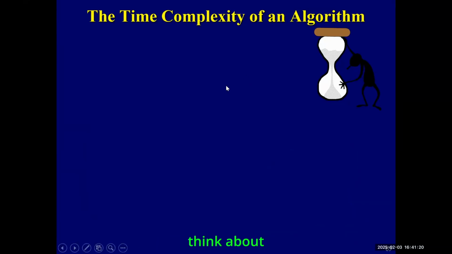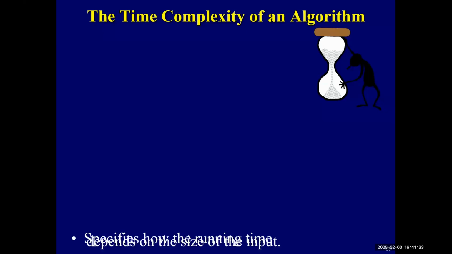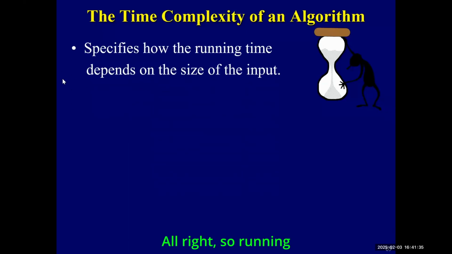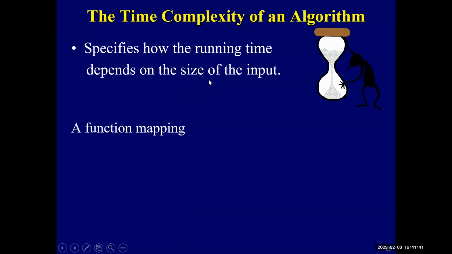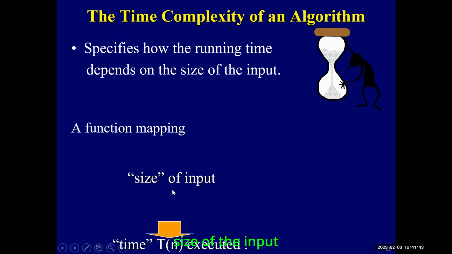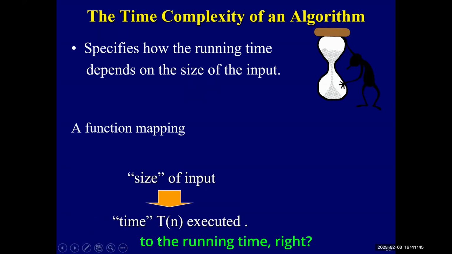We have to really think about what we mean by time complexity, all right? And I'm going to tell you some things now, and you're going to get all nervous, and it's really not hard, all right? Running time depends on the size of the input, right? So you have the size of the input, and you map it to the running time.